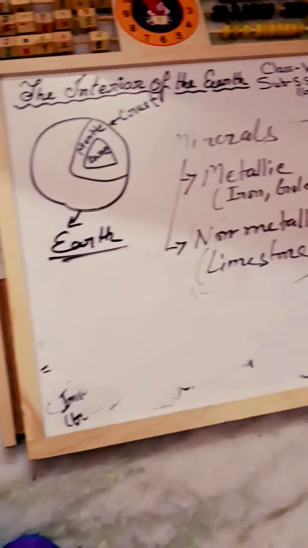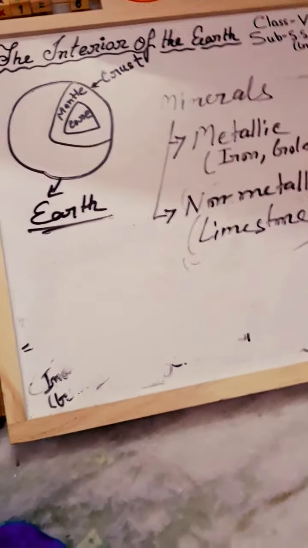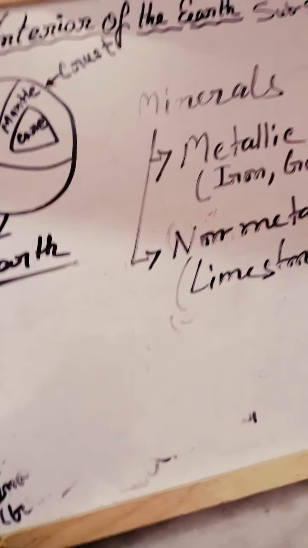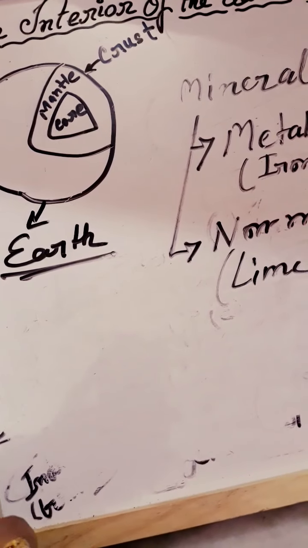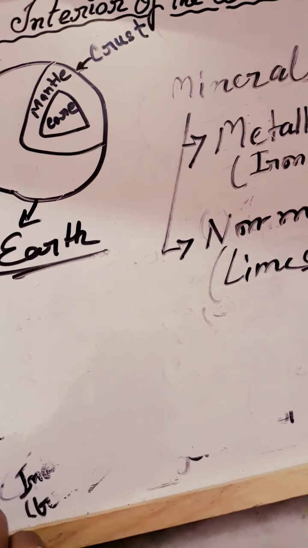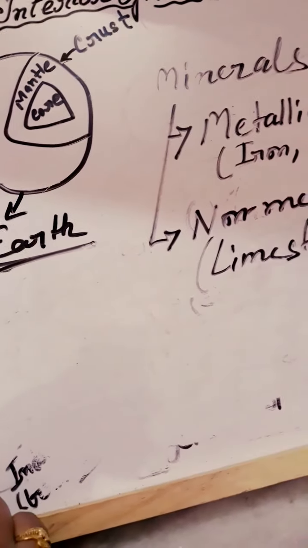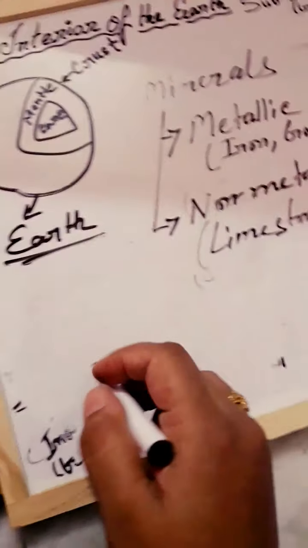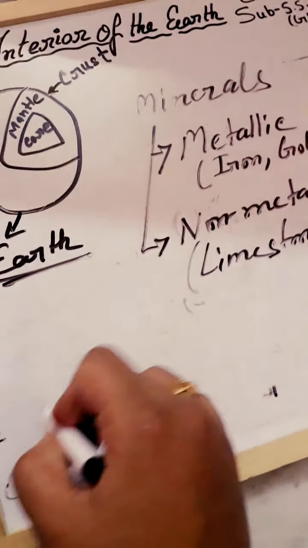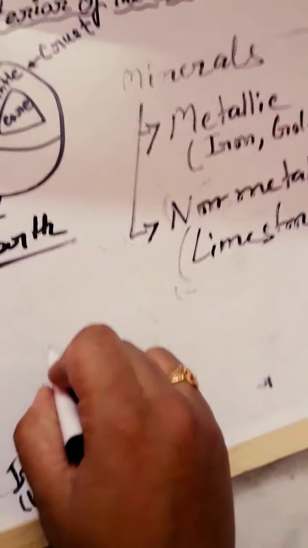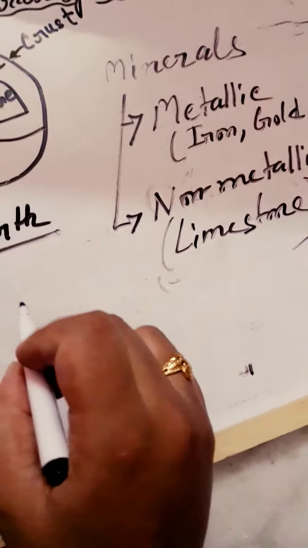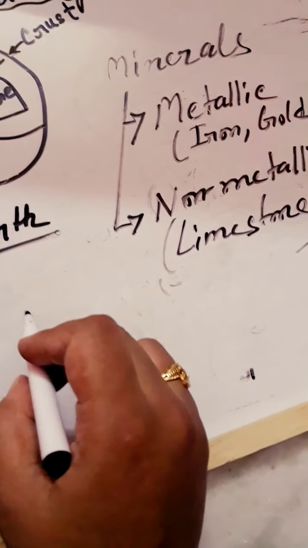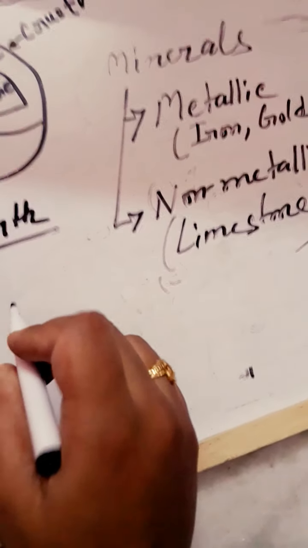Rock cycle means, in this term, we have to understand that when igneous rocks, sedimentary rocks and metamorphic rocks are related in some manner, then it is known as the rock cycle. I have already discussed that when igneous rocks come out of a volcanic mountain, then those igneous rocks solidify and cool down.